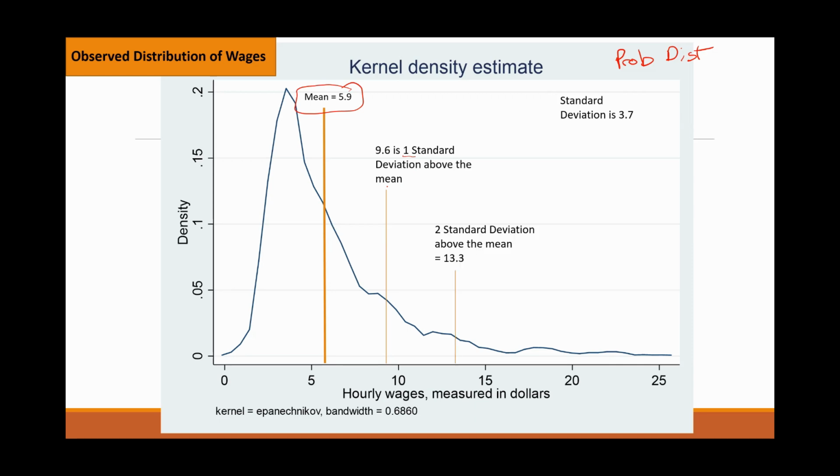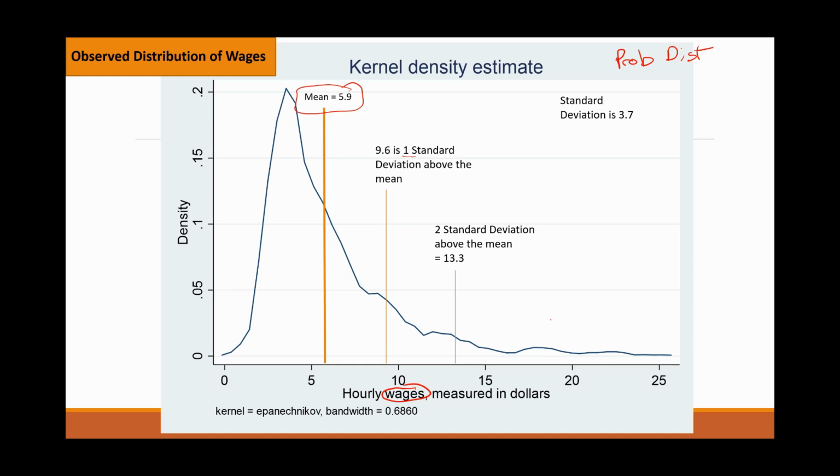The value 13.3 is two standard deviations above the mean. So what I'm showing here is that certain values of the variable wages can be measured in terms of how many standard deviations they are above or below the mean.